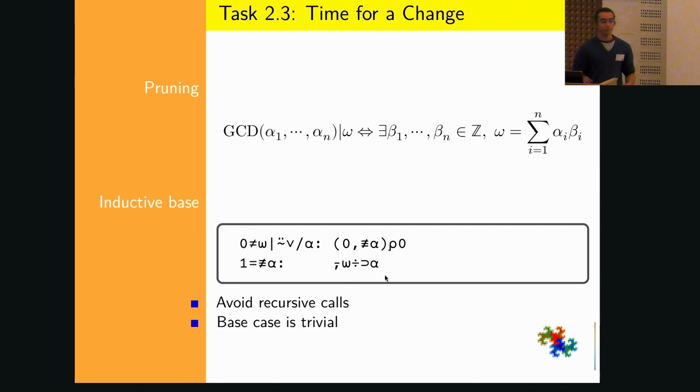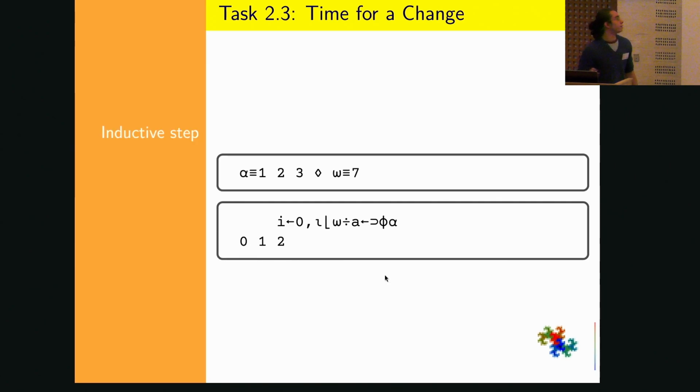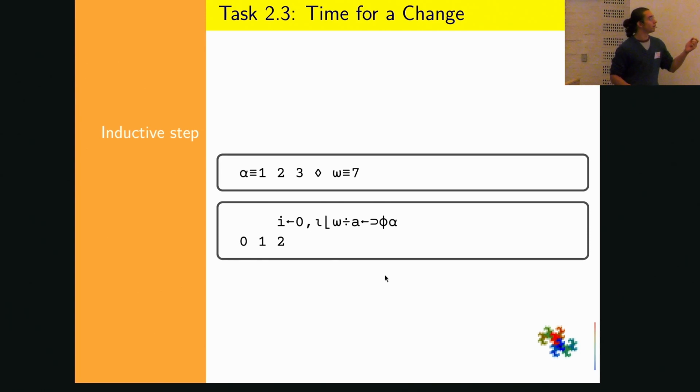Right, so the base case is trivial. We just tabulate omega divided by the first element of alpha, which is guaranteed to be an integer because we passed the first guard. So what do we do in the inductive step? First of all, we would like to find how many times we can remove the biggest coin we have from the result.